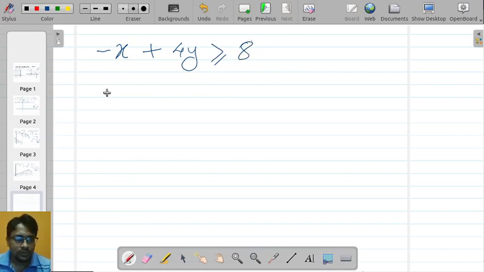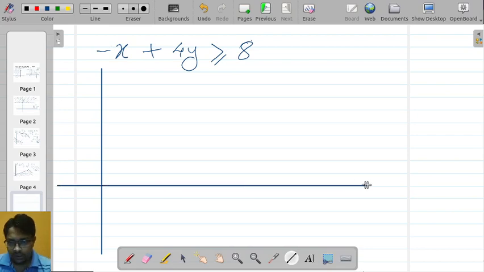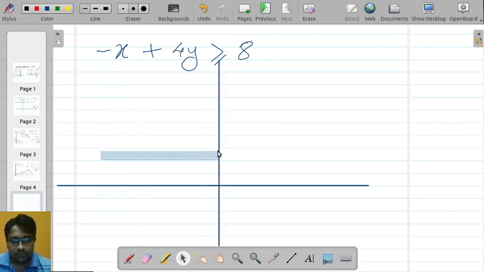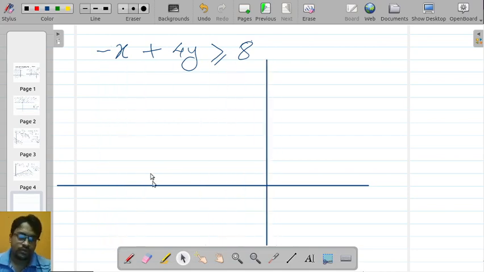So let us plot this. So this is the x-axis. I'll need something like x by minus 8, so I have to take the axis somewhere here, so it will be easier to plot.